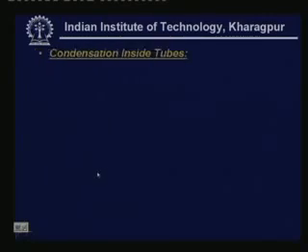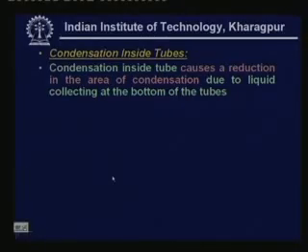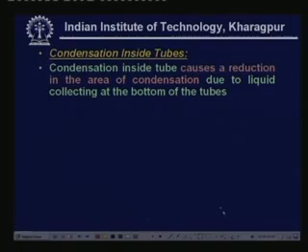Now, let us look at condensation inside tubes. This is actually more complicated compared to condensation outside the tubes or outside the surface. This is because condensation inside a tube causes a reduction in the area of condensation due to liquid collecting at the bottom of the tube. Let us say that refrigerant vapor is flowing through the tube.